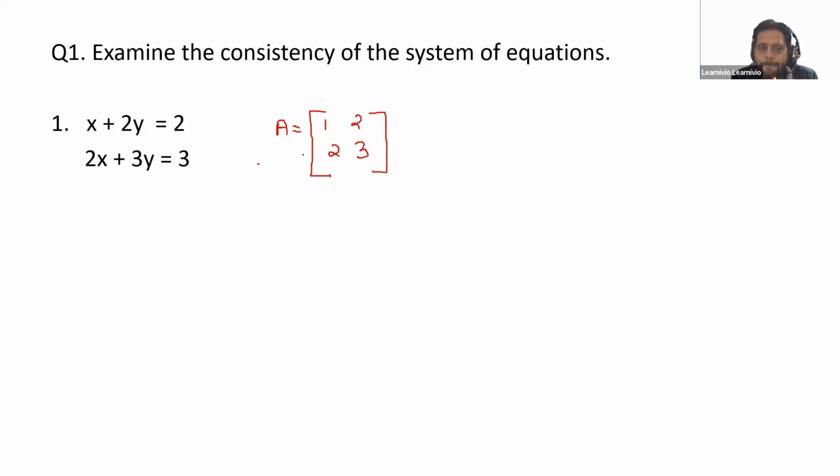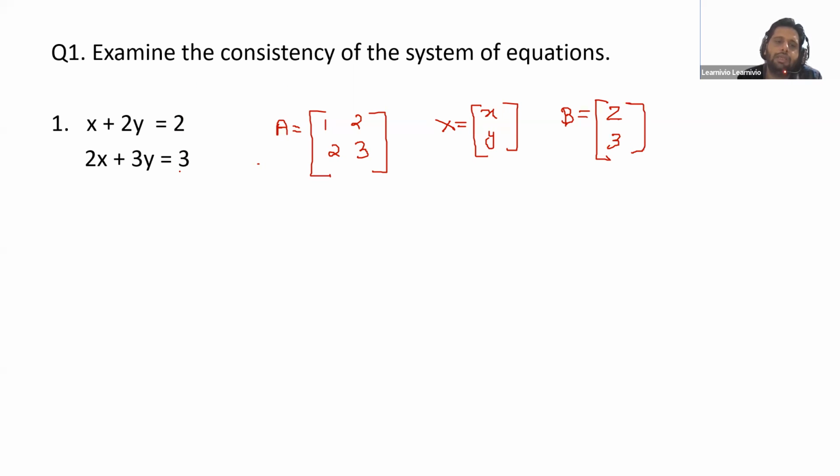We don't need X and Y here, but we will write it so that in the next question we will get some help. And B will always be 2 and 3. So A is 1, 2, 2, 3, X is X, Y, and B is 2 and 3.